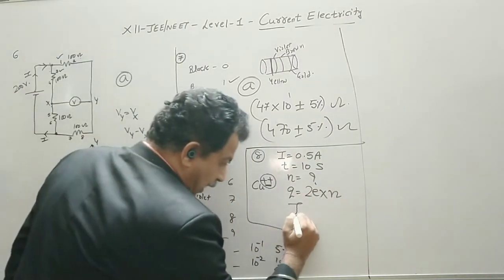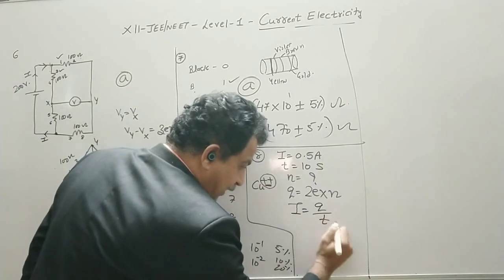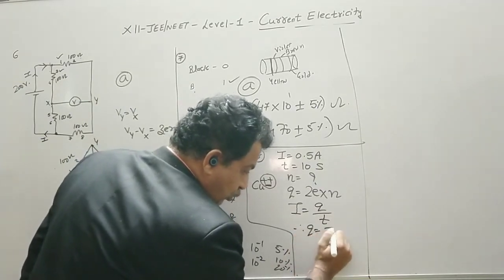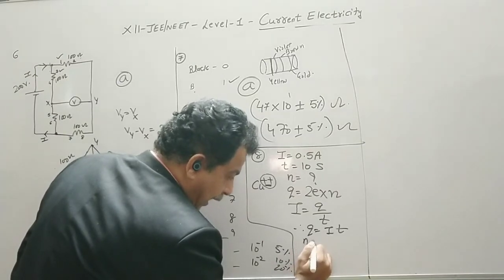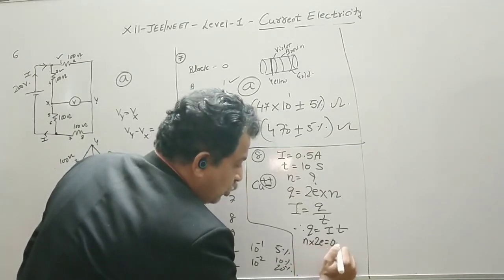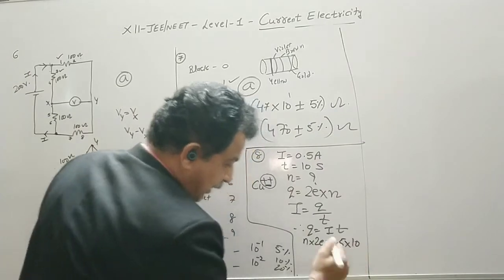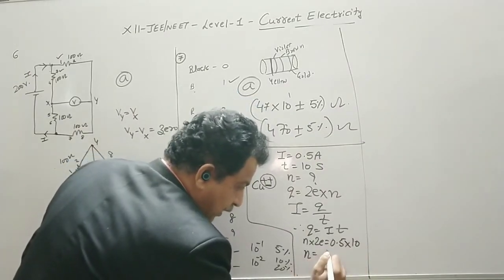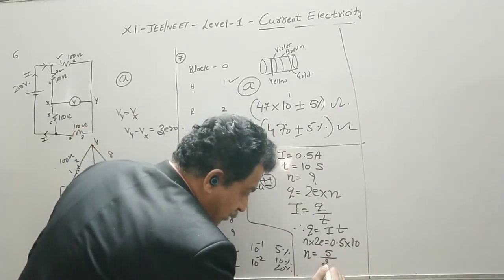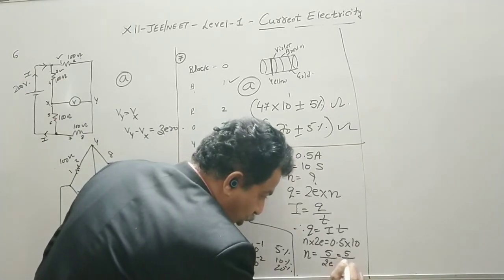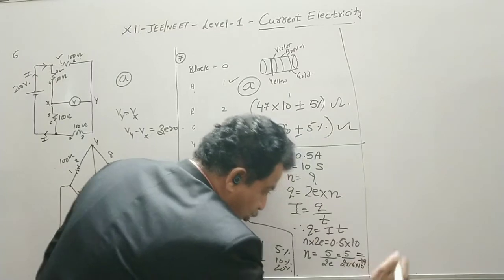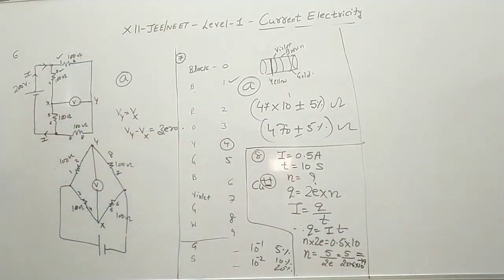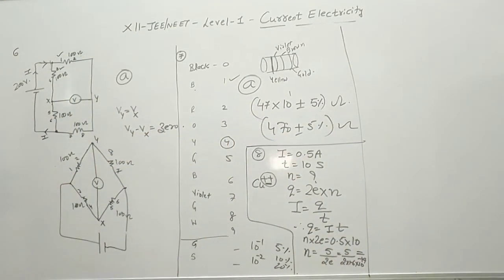Directly by the formula, I is equal to Q by T, therefore Q is equal to IT. Q can be written as N into twice e is equal to 0.5 into 10, that is 5. So N can be written as 5 divided by twice e, so 5 upon 2 into 1.6 into 10 raised to minus 19. You substitute this value and find out the answer.